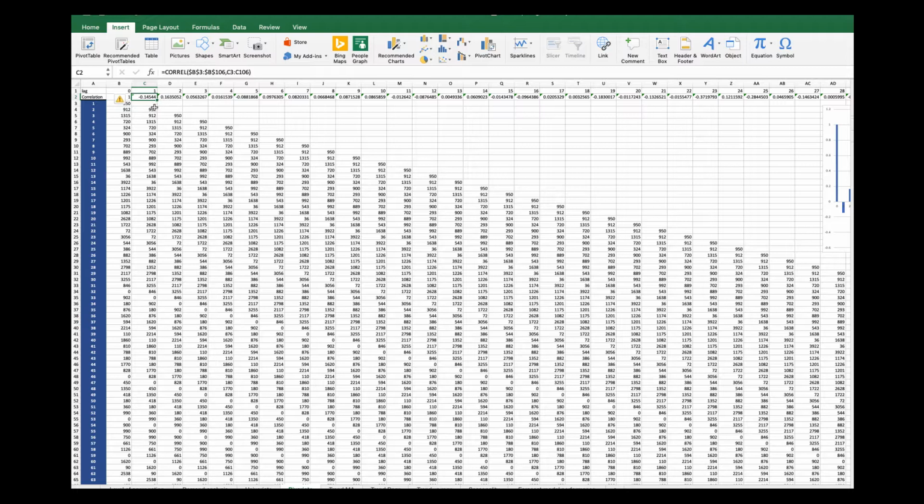No, because we have a correlation coefficient of minus 0.14, which is not significant. Here, we are analyzing if the demand in period 3 is correlated with the demand in period 1, if the demand in period 4 is correlated with the demand in period 2, and so on. Here, if the demand in period 4 is correlated with the demand in period 1, and so on. So that's the idea behind that.